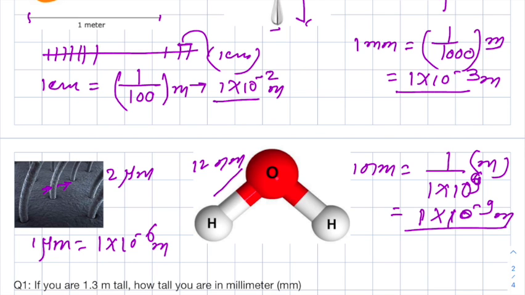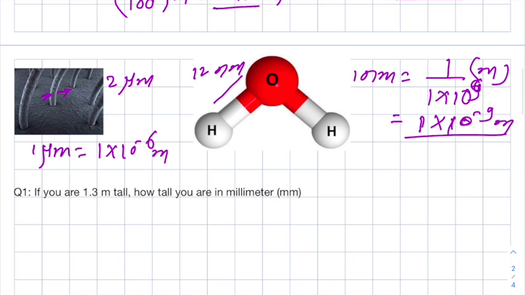Okay, now we are converting one unit into another unit, converting the meter to millimeter. If you are 1.3 meter tall, how tall are you in millimeter? So convert that. How can we convert to millimeter here?